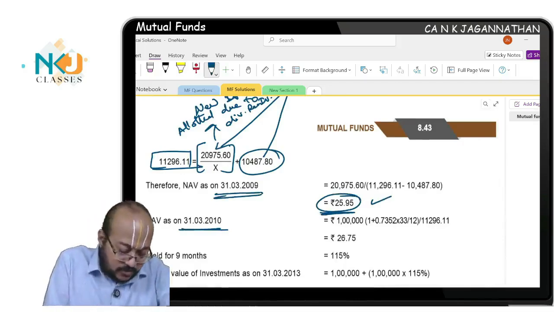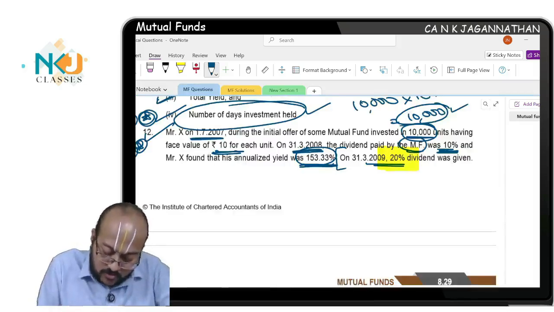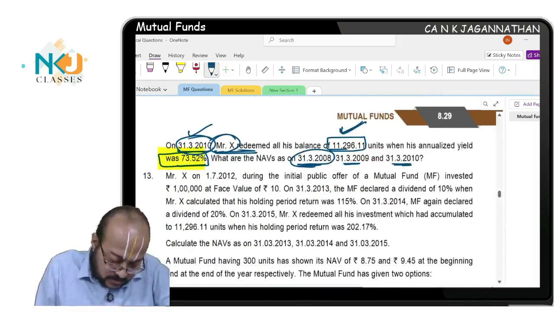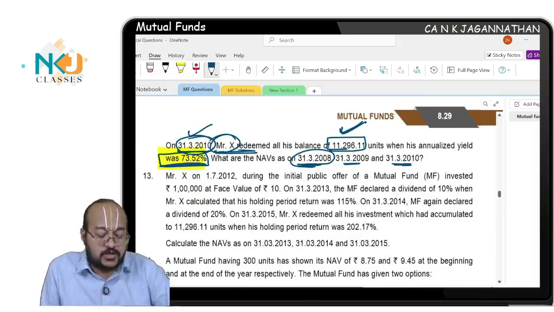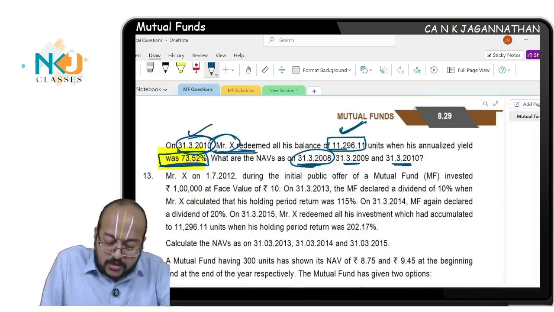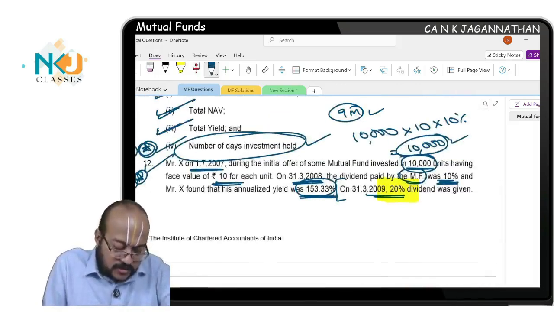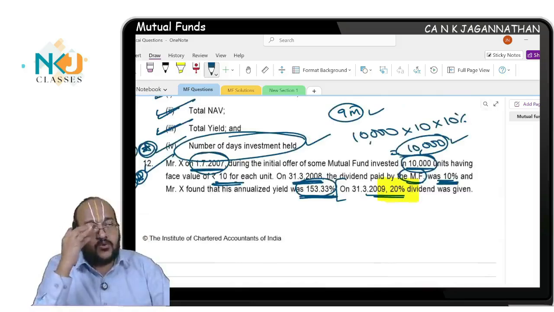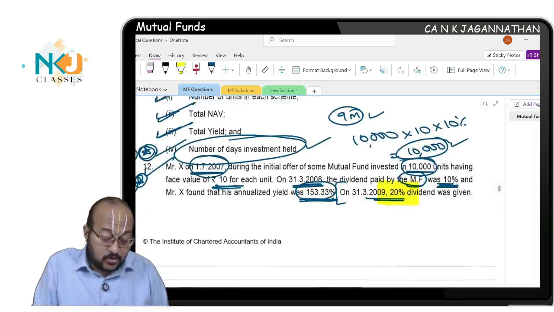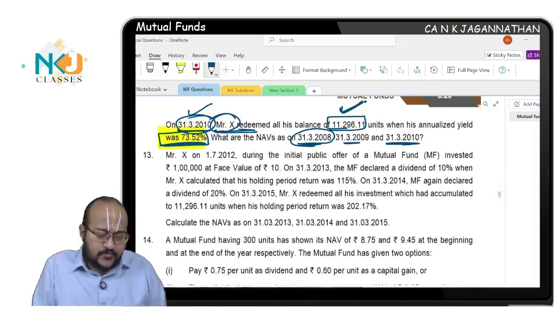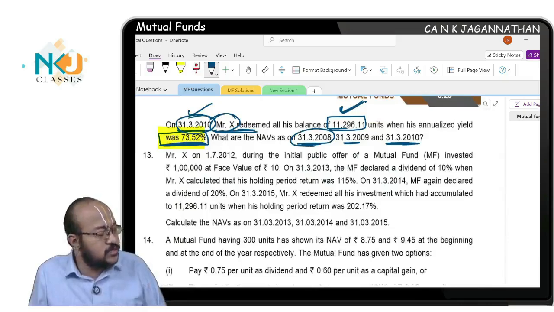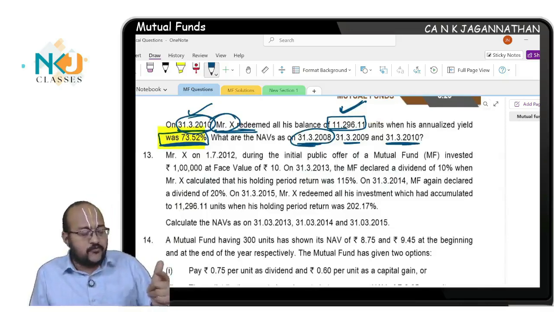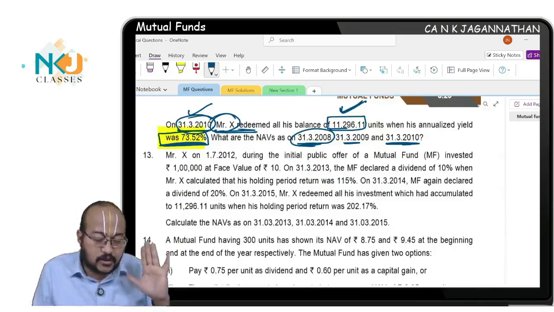Then, how do we find the NAV as on 31/3/2010? Very simple. For that, they have given you the return. The annualized yield is 73.52%. From the first day, 1/7/2007, you had 9 months in the first year ending 2008, then 12 months for 2009, and again 12 months for 2010, which means 24 plus 9, 33 months.